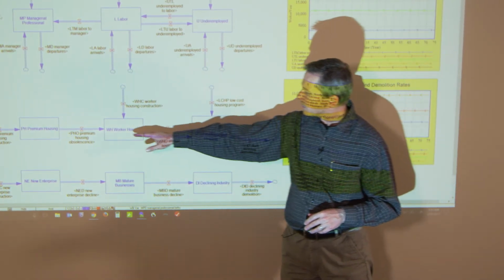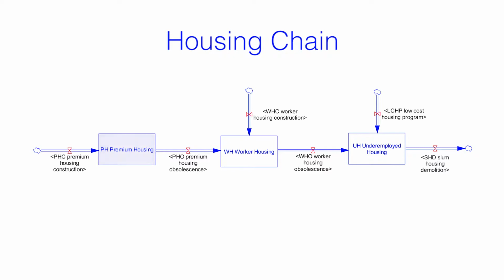And similarly, up here in the housing chain, we have premium housing, worker housing, and underemployed housing. And this represents the escalator, if you will, of housing as it moves, probably with about 30 years time, from premium housing to worker housing, and then over and up perhaps another 20 years it'll move to underemployed housing.